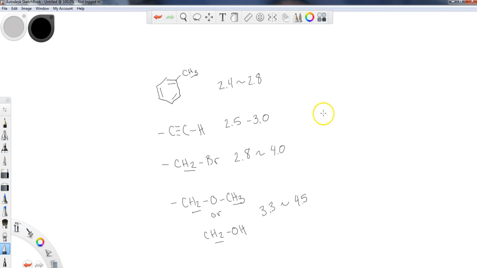Okay. The next big jump that we would see would be if something was directly on an alkene. So remember before there was an extra carbon and then the hydrogen. Now if the hydrogen is directly on the alkene itself, the vinylic ones like this are going to go from probably about a 4.7 all the way up to a 6.5.